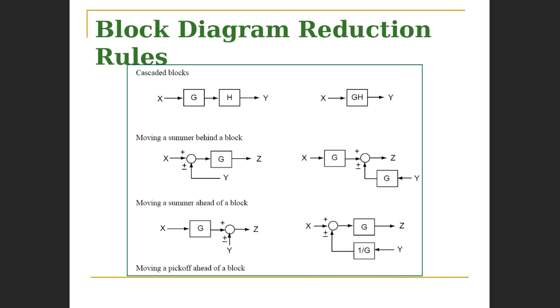So one way to look at it is that if you were to remove the summing node, which simply means to remove y, take y out and put it down here.